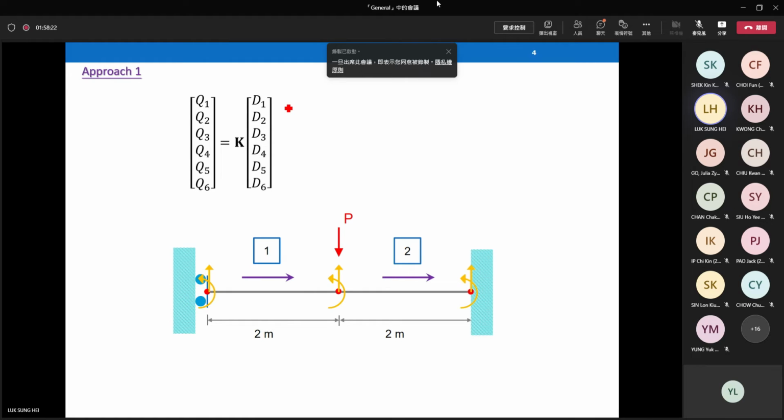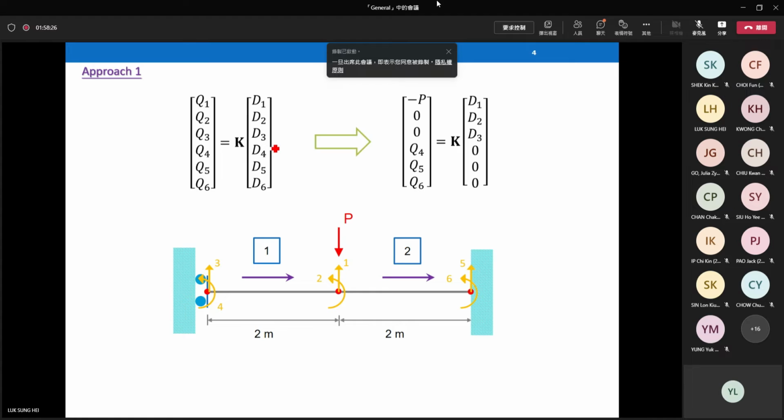Based on our previous discussions, D4, D5, D6 is called DK. DK is 0 because we have no rotation at slider, no displacement and no rotation at fixed end. That's why D4, D5, D6 are 0.